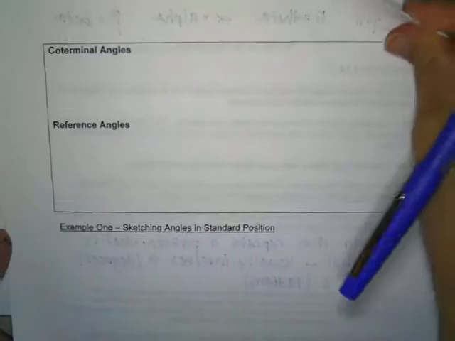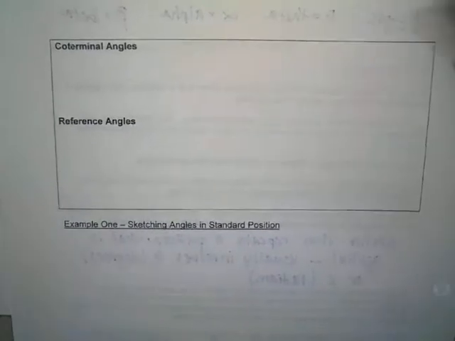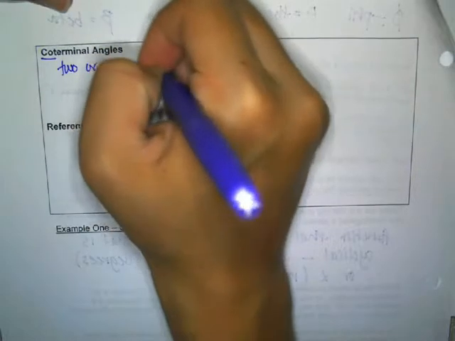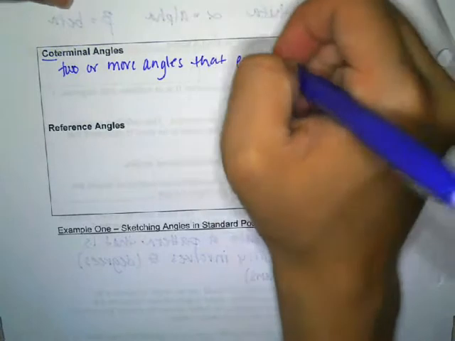Some other terms we have to be clear on. Coterminal: two words. Co means with. Terminal means terminate or end. So coterminal angles are two or more angles that end in the same spot.